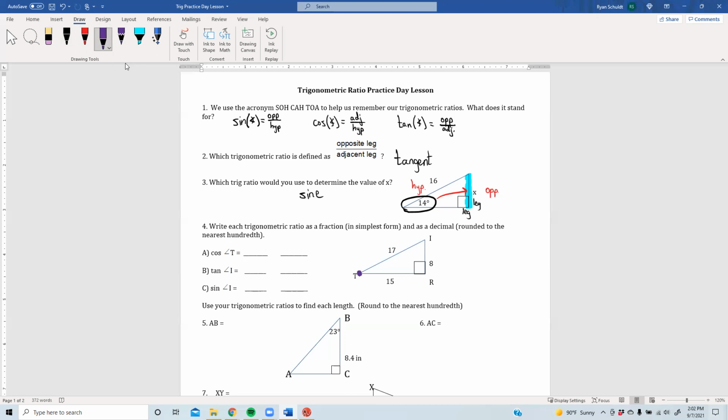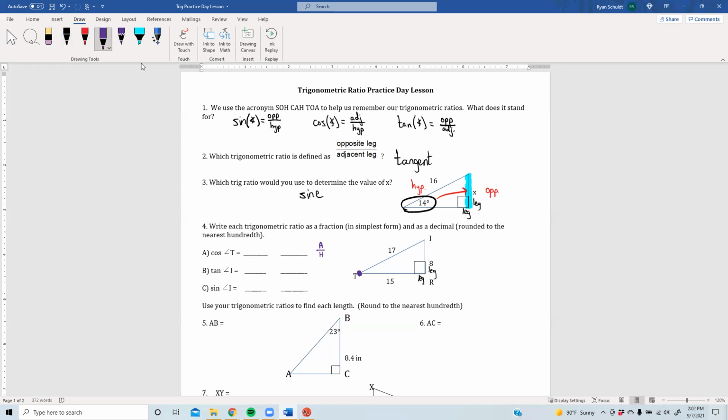I need the adjacent over the hypotenuse. So if I'm at T and I label my legs, which leg is adjacent to T?